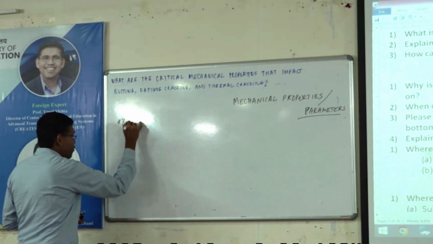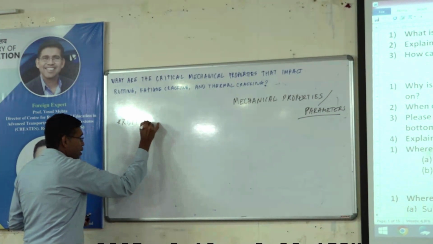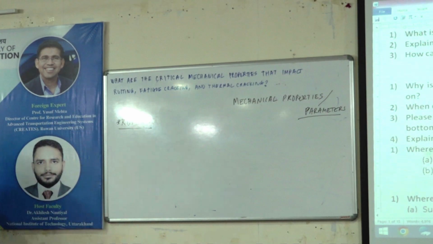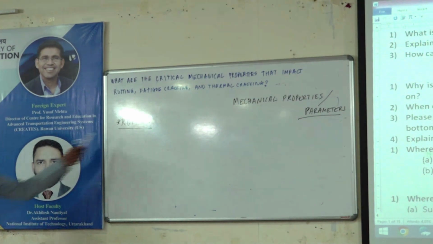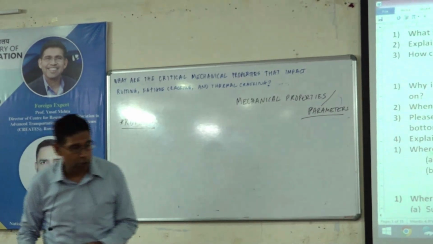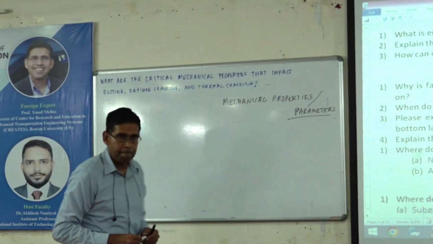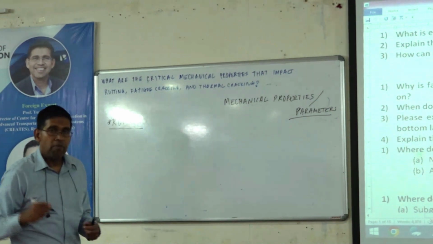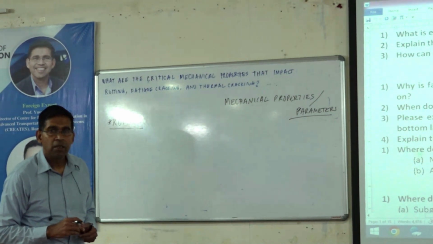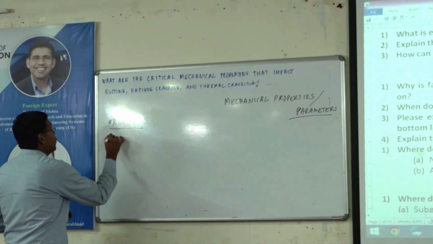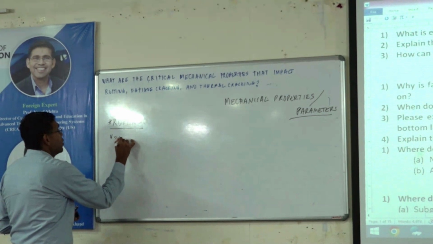Let's start with rutting. We explained the phenomenon of rutting. Can you go back to your notes? What mechanical properties or parameters impact rutting? Anybody want to try? Vertical subgrade stresses. Subgrade stiffness.